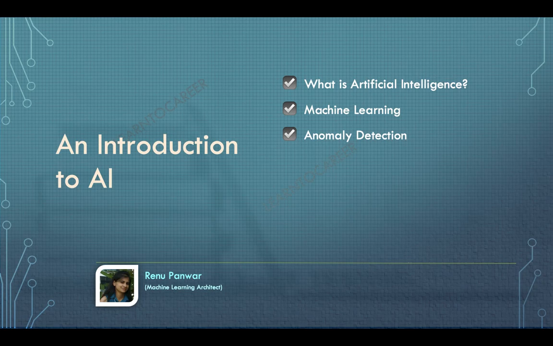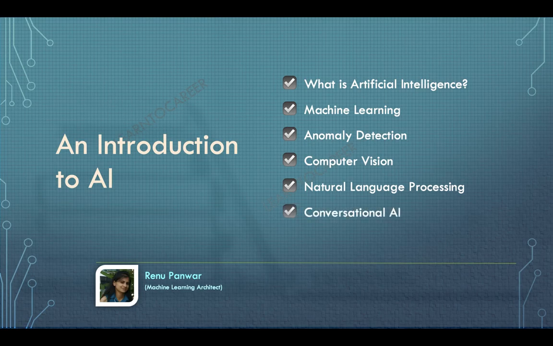Anomaly detection, to detect abnormal patterns in data. Computer vision, to see the world and examine images and videos. Natural language processing, to create software that understands written and spoken language. And finally, conversational AI, where AI systems can have a conversation with us. I will be covering more of these elements and their uses later on, so don't worry right now.